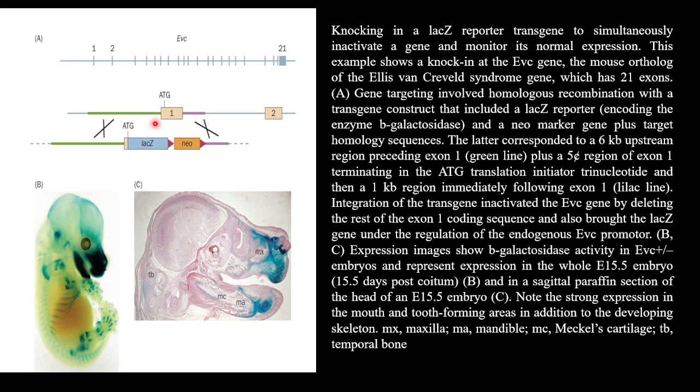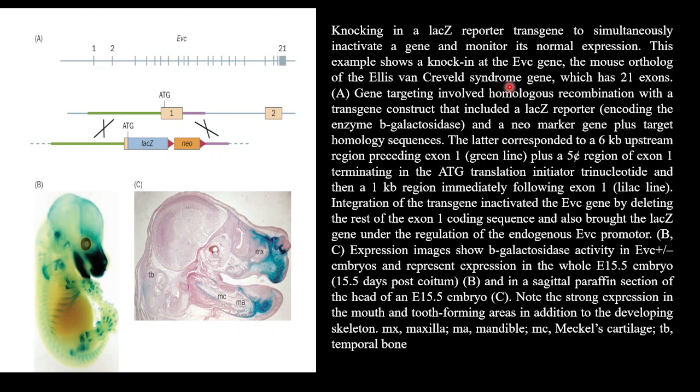For example, if you see here, EBC is a gene which is having 21 exons, 1 to 21 exons, and the inactivation of this particular gene leads to the Ellis-Van syndrome. What happened in this particular syndrome?